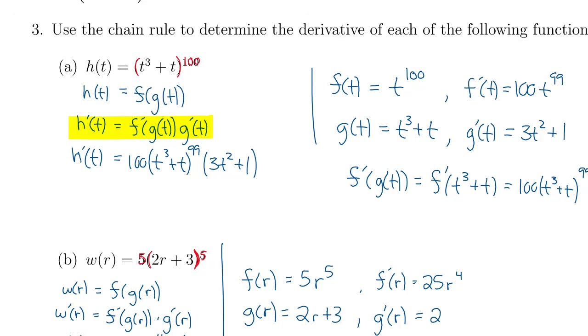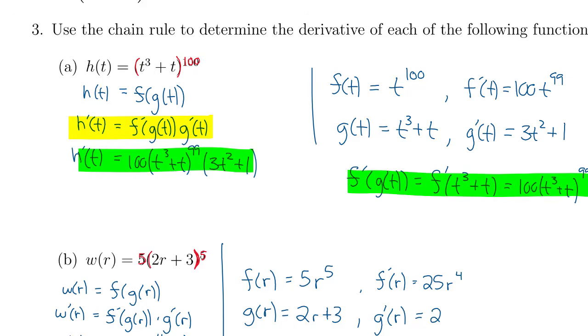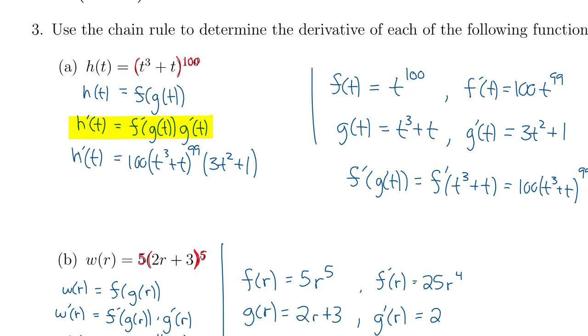So that is done in the last step, and that provides us with our final solution. So you may need to include a sub-step in between those two, and definitely do that as necessary. So that sub-step is included over here. You can see first we want to make the substitution of g, and so we plug in g, and then we evaluate f prime at t cubed plus t. So that gives us our first term.